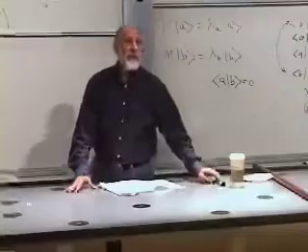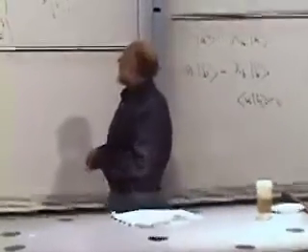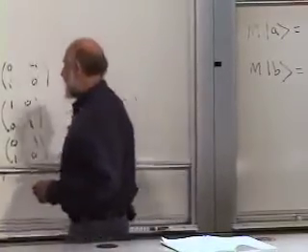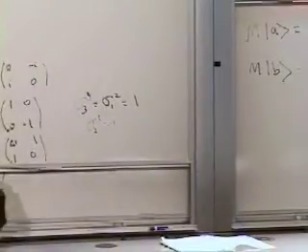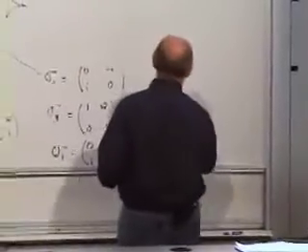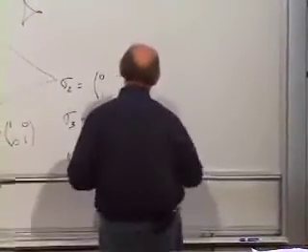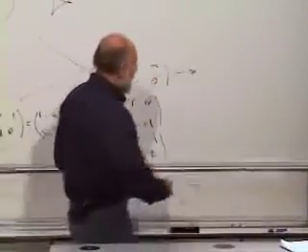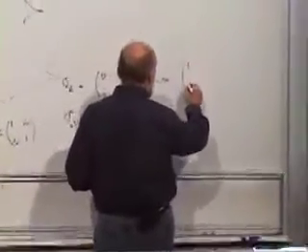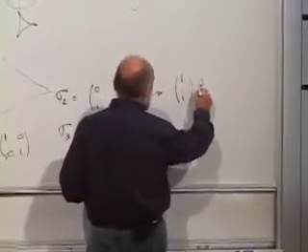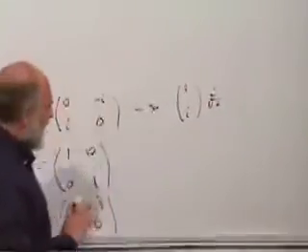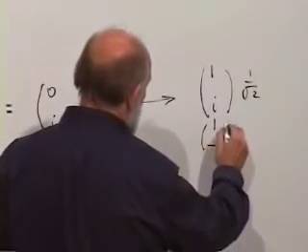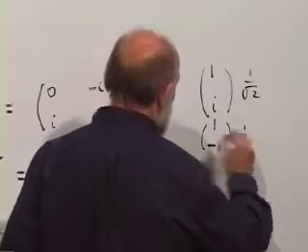The eigenvectors of sigma 2, so that you can check them yourself, are 1, i, with a 1 over square root of 2 in front of it to normalize it, and the other one is 1, minus i, times 1 over square root of 2.